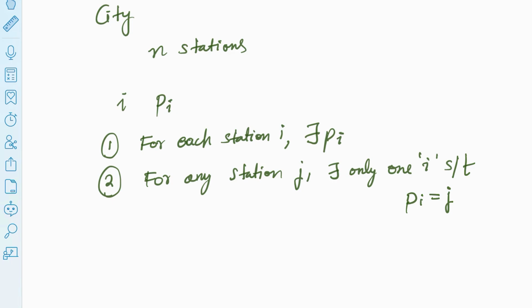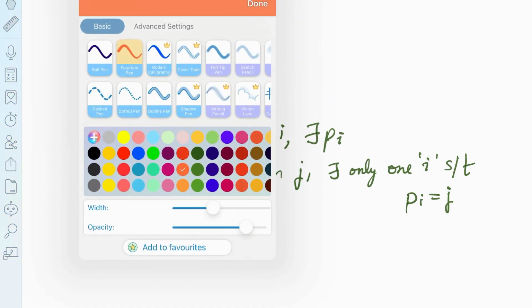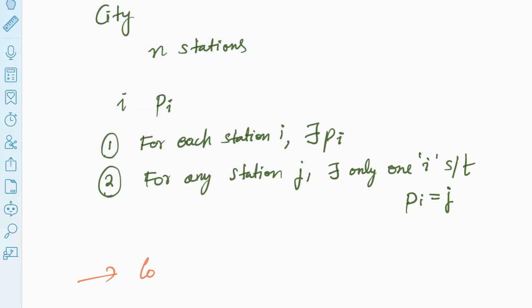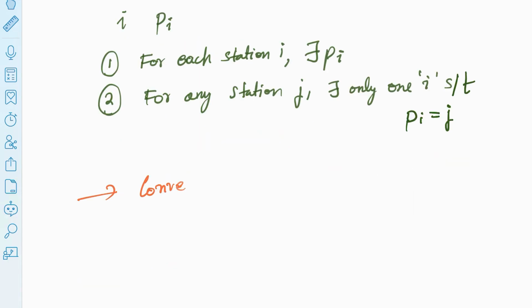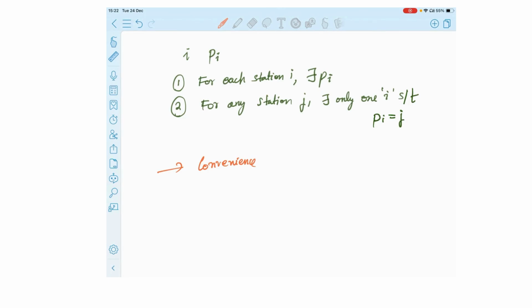Now coming to what's given in the question, it first talks about a term called convenience. The term convenience here quantifies the number of ordered pairs (x, y), where x and y denote stations, and this pair (x, y) will be convenient only if a train starts from station x and reaches station y. So if a person starts at station x, then he can take any number of trains and should be able to reach station y.